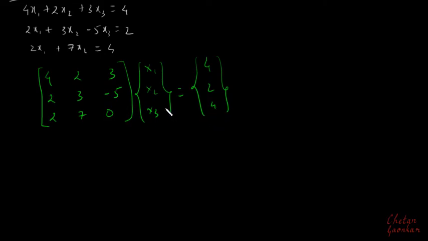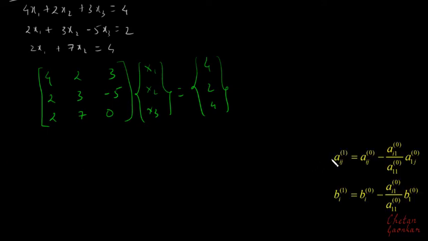Once we get this, we will use a formula. Although this formula looks very fancy here, it is very easy to use. Our objective in case of Gauss elimination method is to make the elements below the diagonal, whatever the coefficients are, equal to 0.